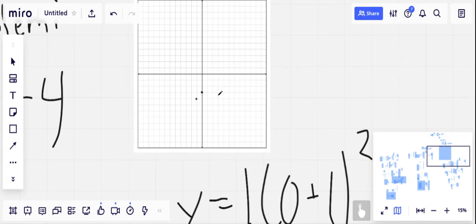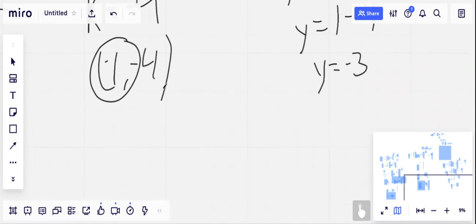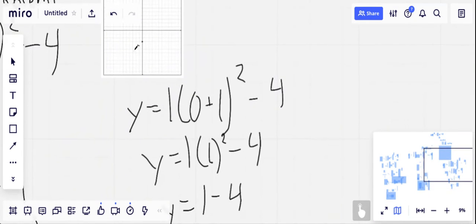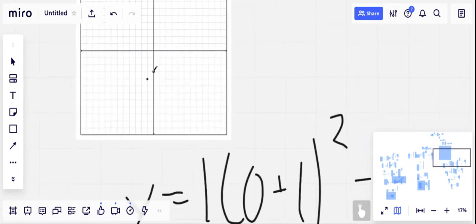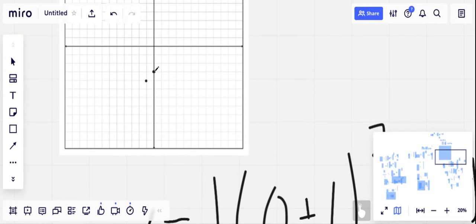Now we know that parabolas are symmetrical. That means if you fold the parabola in half on the axis of symmetry, which is negative 1, then we would get two identical halves. So the point that corresponds to negative 3 on the y-intercept here is negative 2 comma negative 3.